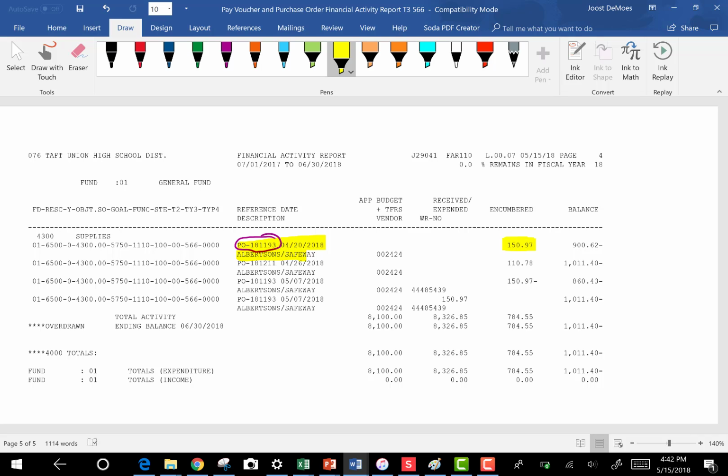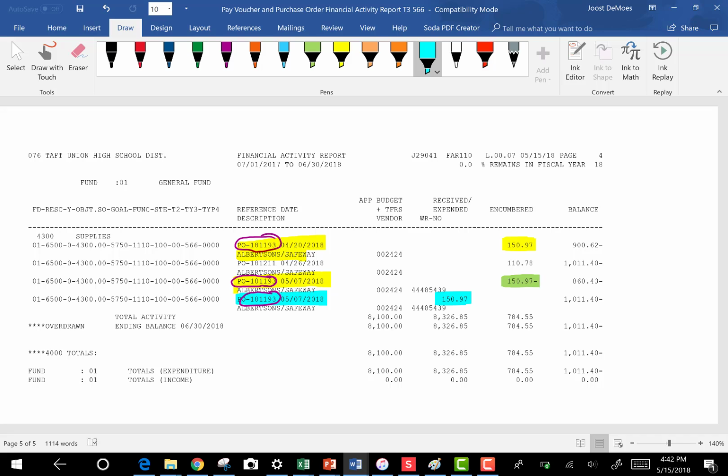Later on, we have another purchase order entry, again with the same purchase order number, and the funds are unencumbered at that point. Why are they unencumbered? When we come down to this next line, again, here's that same purchase order number, 181193, and what we see is what was actually expended.